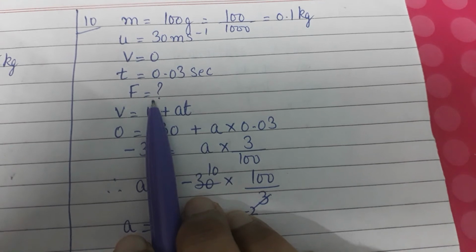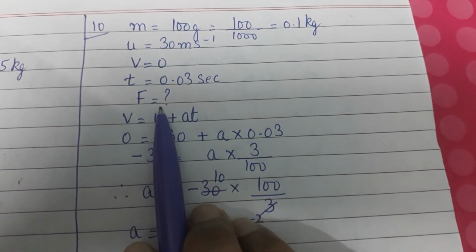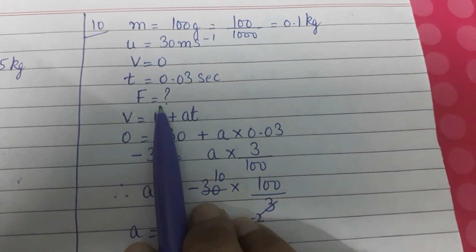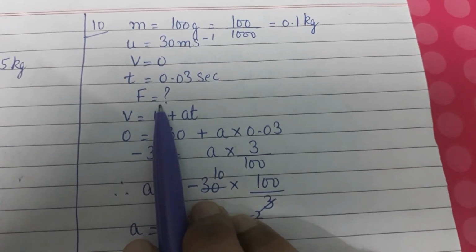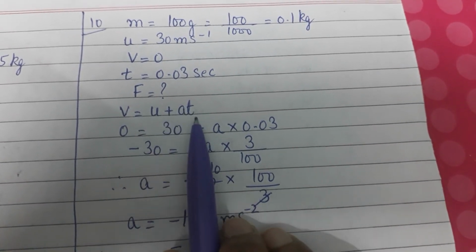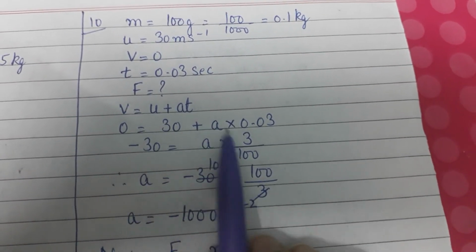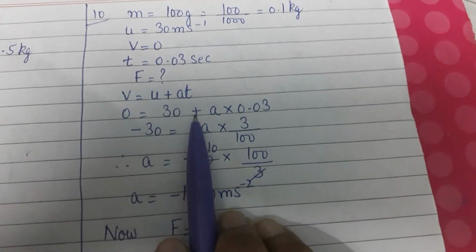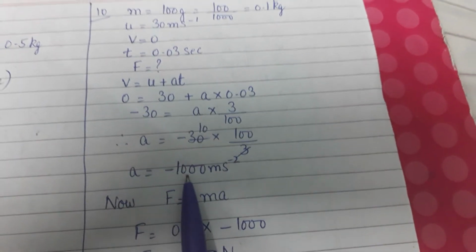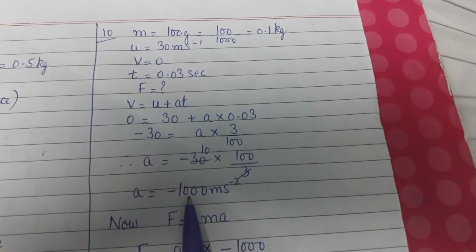Children, we cannot find out the value of force unless and until we have the value of acceleration, because F is equal to ma has to be used. So first of all, I will calculate the value of A. So I am going to use the equation of motion V is equal to U plus AT, and I substitute all the values. See children, I have all the values with me, and after that I get the value of A to be minus 1000.